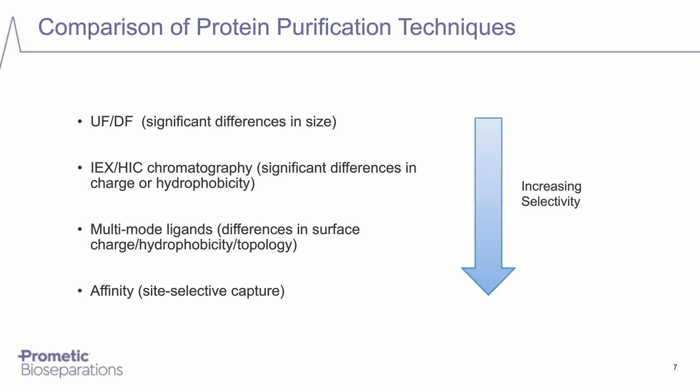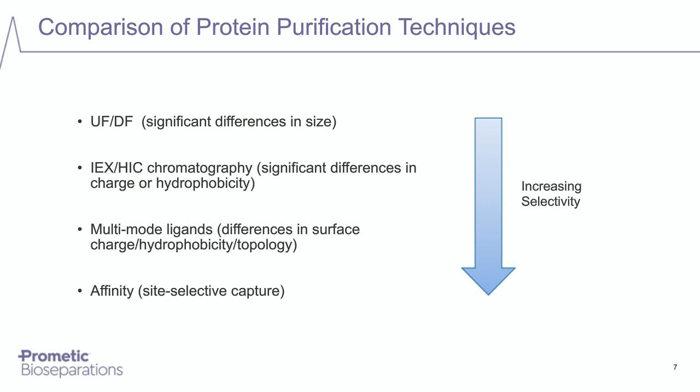We then have, moving to a slightly higher level of selectivity, techniques such as ion exchange chromatography or hydrophobic interaction chromatography, which enable the separation of proteins on the basis of their net charge or their net hydrophobicity.